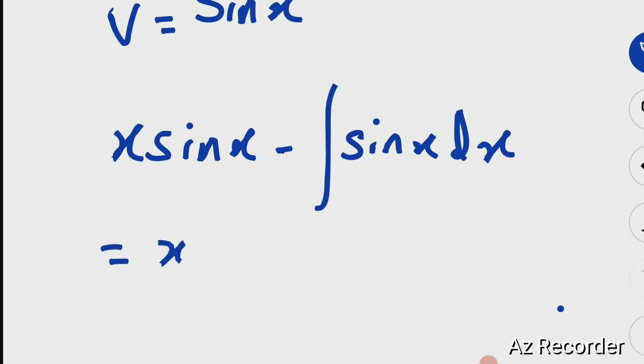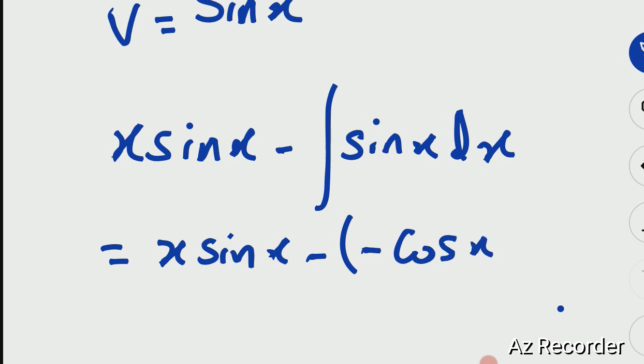So copy it back, sine x minus, now when you integrate sine x with respect to dx, remember when you differentiate sine x you have cos x, so when you integrate, rather you have negative cos x plus c.